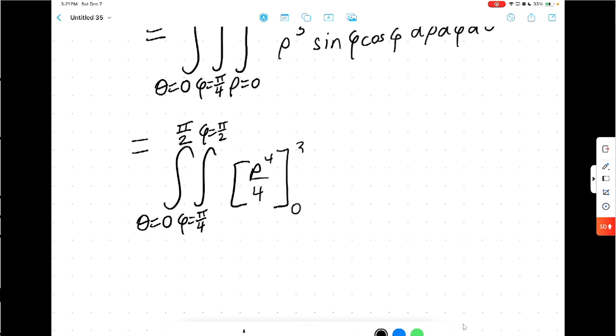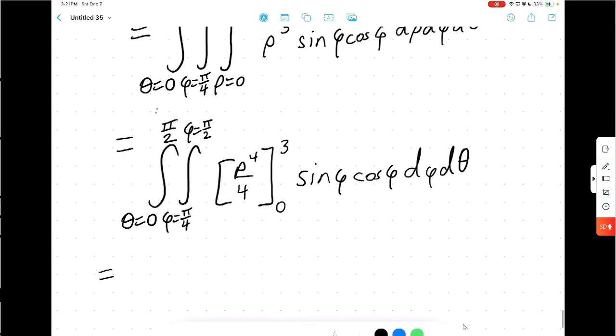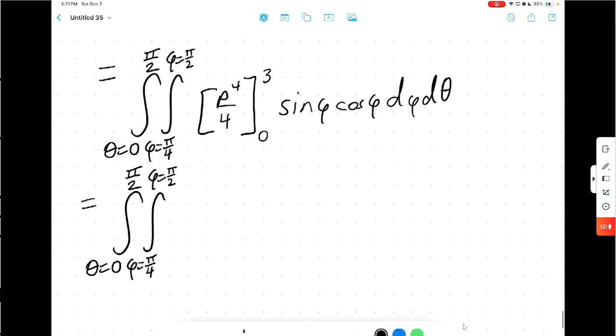We'll evaluate it from 0 to 3, which is going to be 81 over 4 minus nothing.